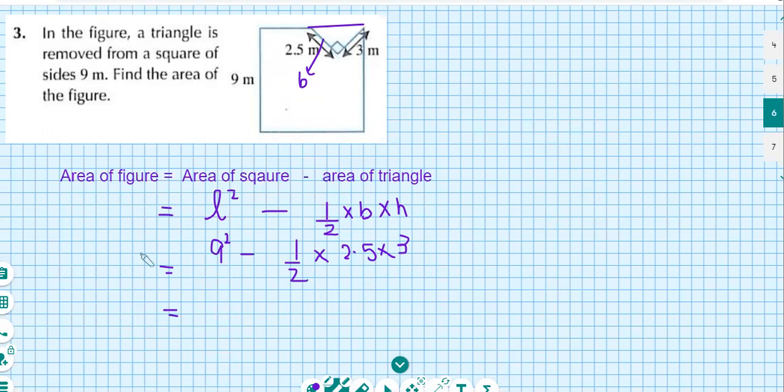I'm writing this whole expression at once: 9 square minus 1 divided by 2 multiplied by 2.5 multiplied by 3. So we're left with 77.25 meter square. Or in 3 significant figures, this answer will be 77.3 meters square.